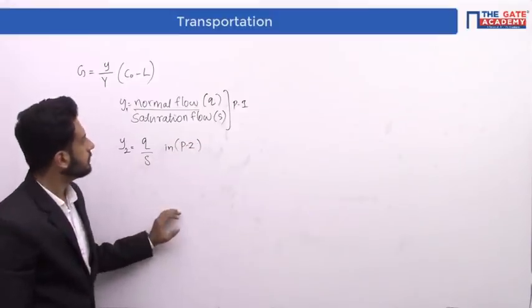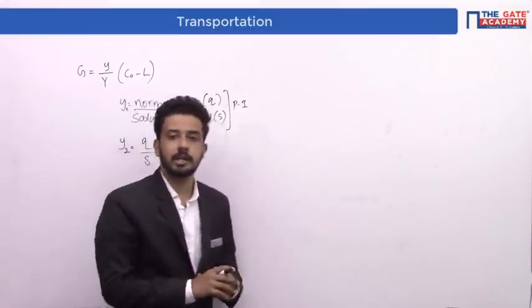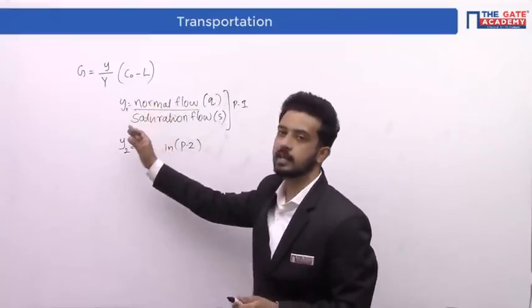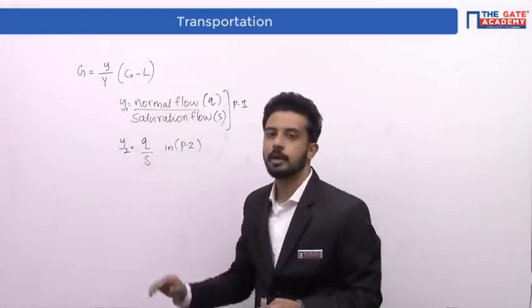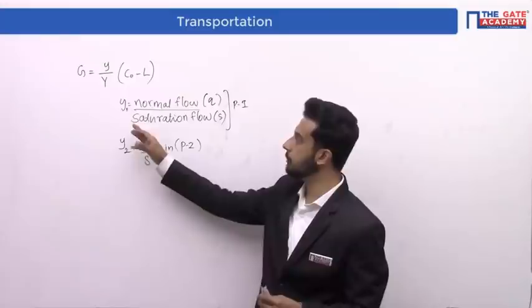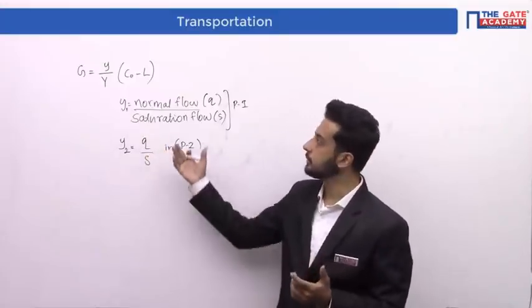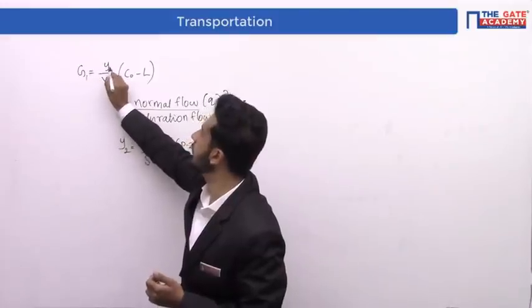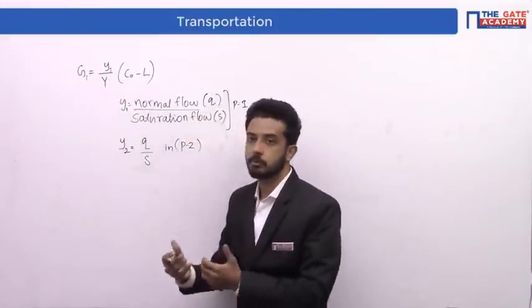Effective green time for the first phase is Y1 by capital Y into this value. Effective green time in the second phase is Y2 by capital Y into this value. I can represent this as Gi and Yi. Seems to be more clear.